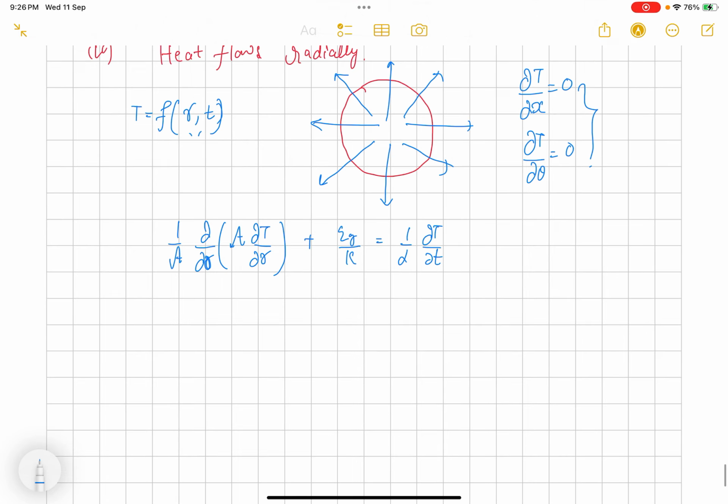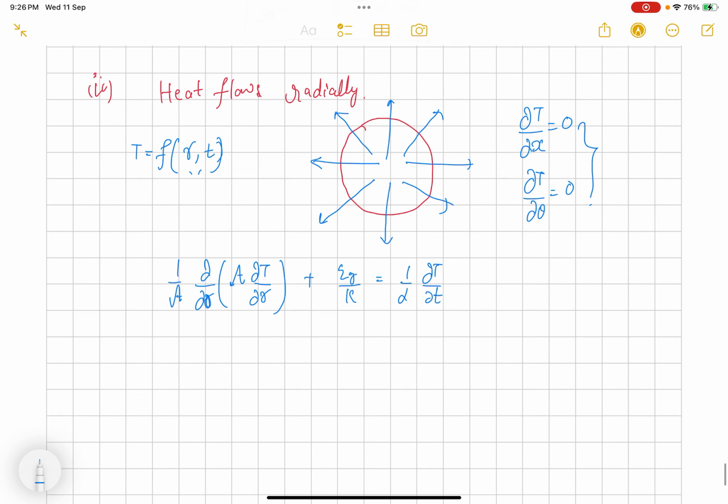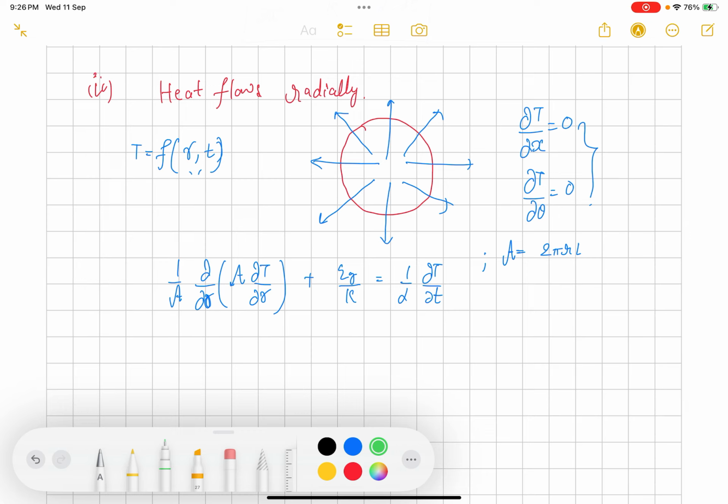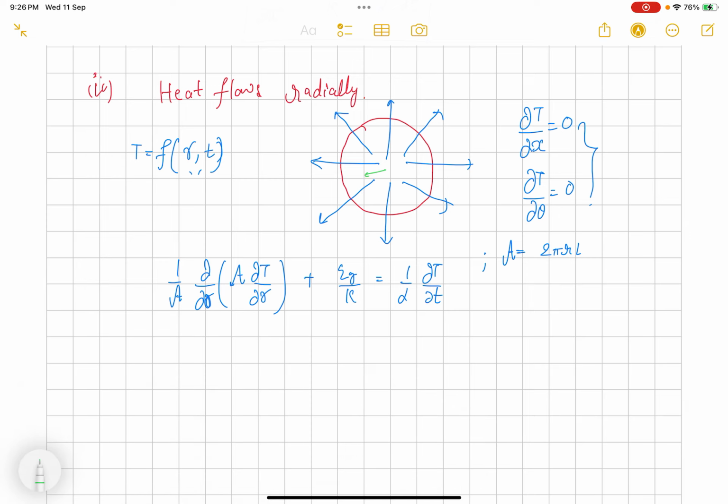Okay, in the radial direction, for the cylindrical case, the area will be 2 pi times r into L. Okay, and r can vary from 0 to R. So this will be the area which will be faced by the heat when it is flowing out of the cylindrical body.